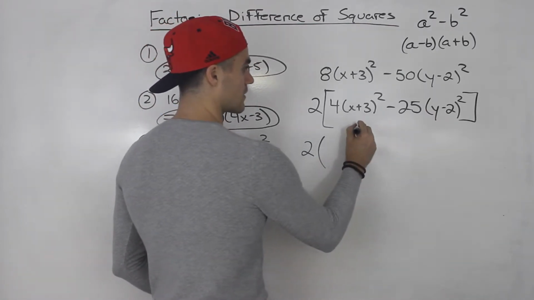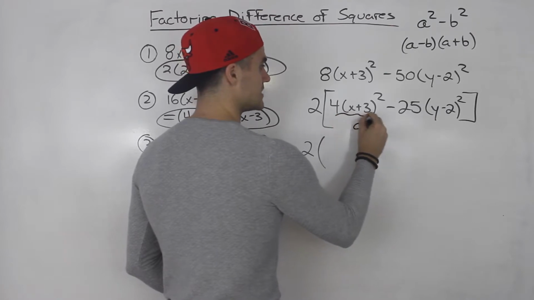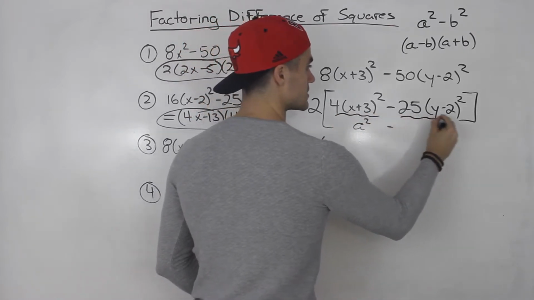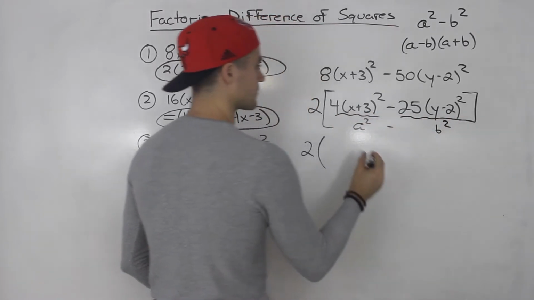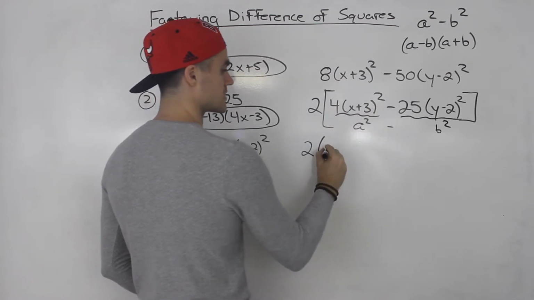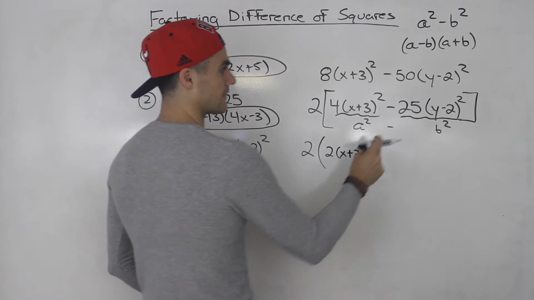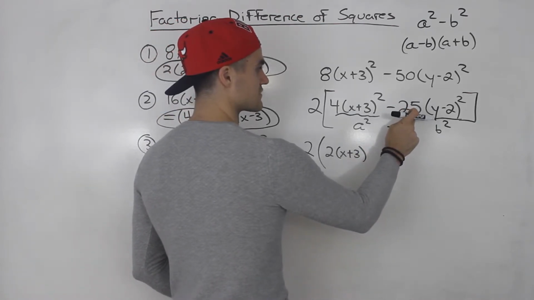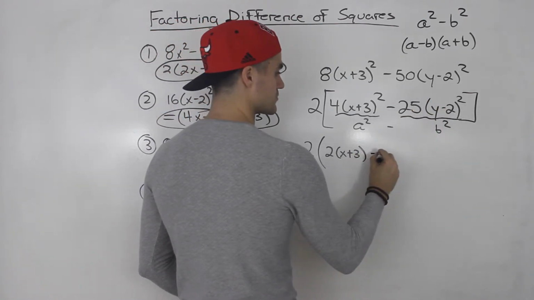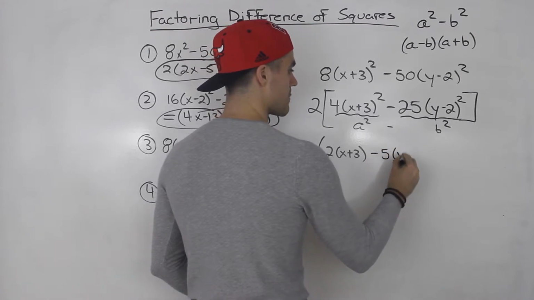So this here is like a squared, and this whole expression is b squared. So the square root of this whole expression is 2 bracket x plus 3. And then the square root of this expression is 5 bracket y minus 2. So we'd subtract that.